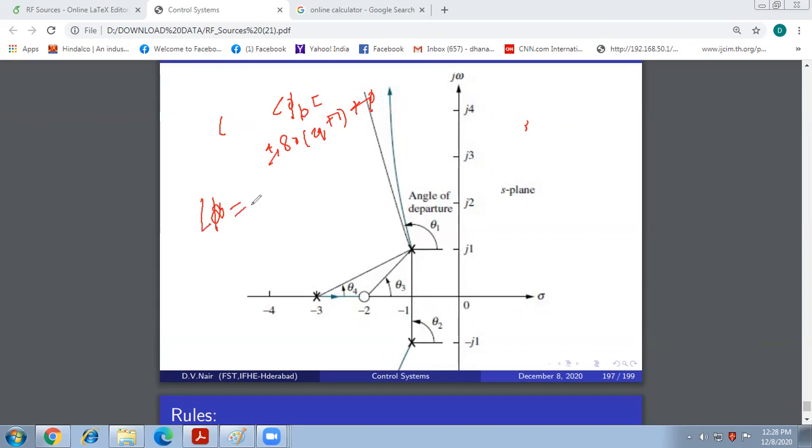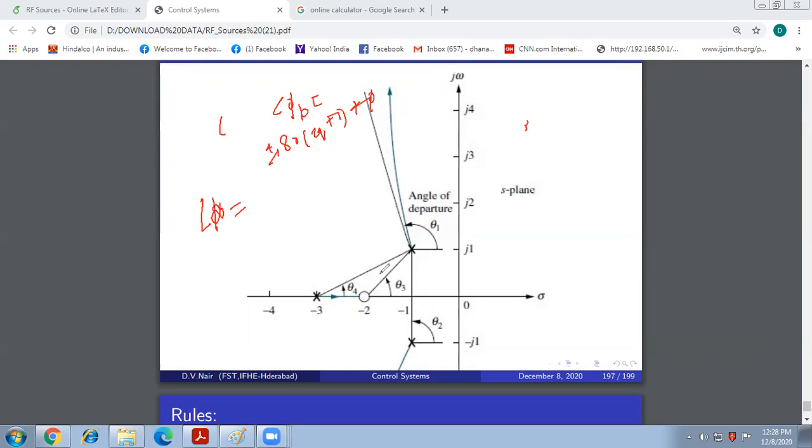So angle phi can be obtained by joining all other open loop poles and zeros to the open loop pole at which we are interested. Here we have in total three open loop poles, two complex poles and one real pole, and one real zero.